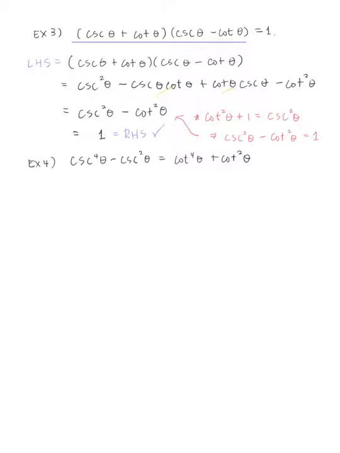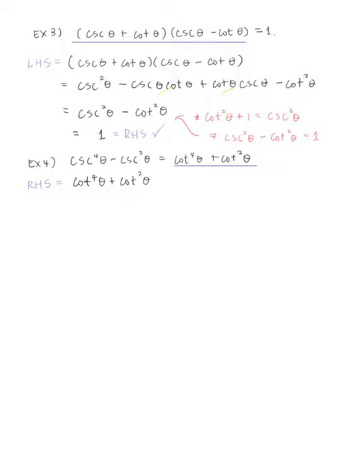Since we have been picking the left-hand side, I'm going to show you that you don't have to always pick the left-hand side. So I'm going to take the right-hand side this time. Okay, so let's start. Right-hand side equals, let's write down the problem: cotangent fourth of theta plus cotangent square of theta.